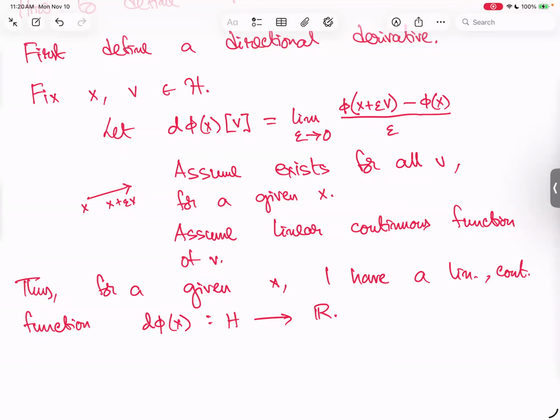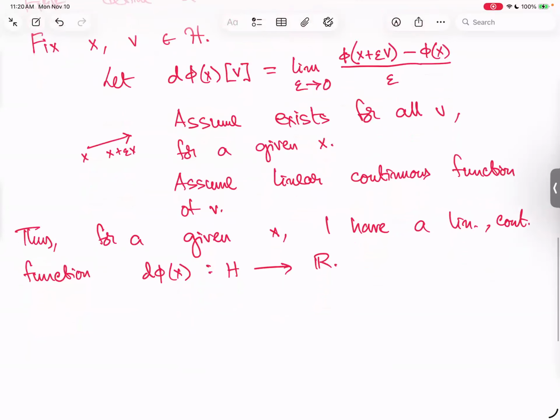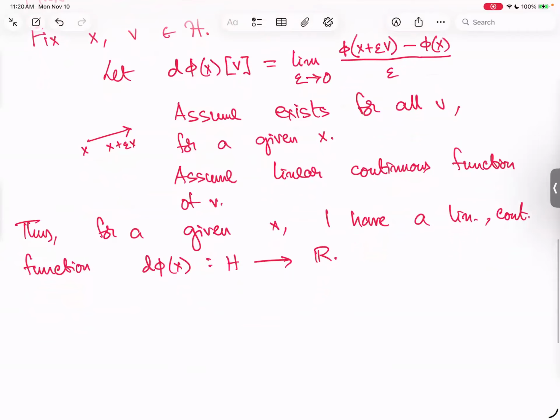But because I'm working on a Hilbert space, all such linear continuous functions must be given by an inner product with respect to some element in the Hilbert space. That's the Riesz representation theorem.